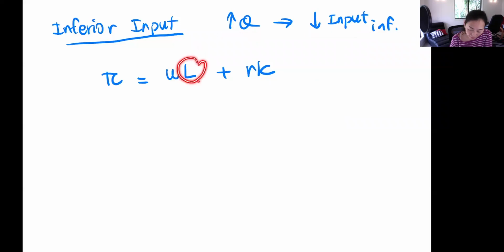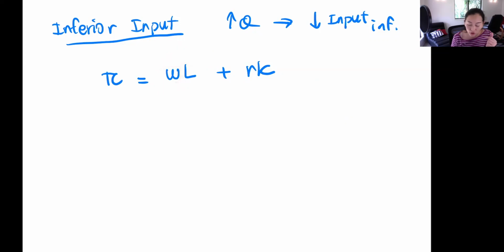So when L decreases, you pay less. The total expenditure that you pay for the inferior input would be smaller, and you will have a saving of the wage rate, the price of this inferior input. The less labor that you use, the more cost you save.